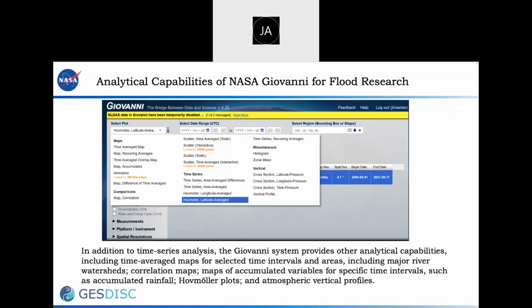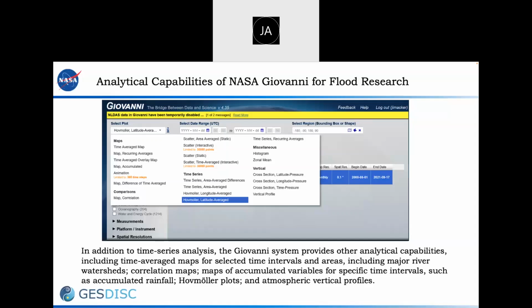Okay, so in addition to subsetting the data and looking at it over a period of time, like a time series, you can make time average maps. You can average over different intervals. You can include shapefiles. We mentioned earlier that things like flash floods depend on watersheds. You can look at watershed scale precipitation using watershed shapefiles from major rivers. Okay, if you have an accumulated variable, such as accumulated rainfall, you can average accumulated rainfall over several periods.